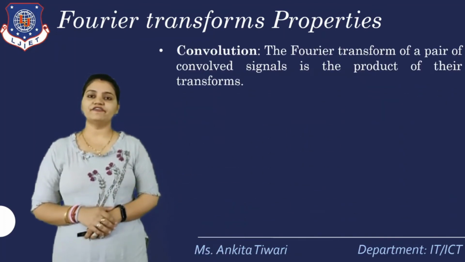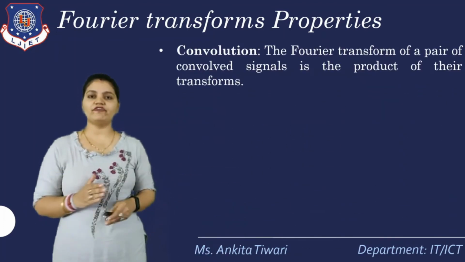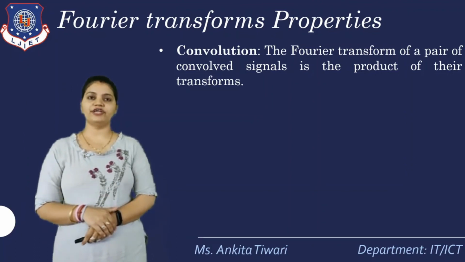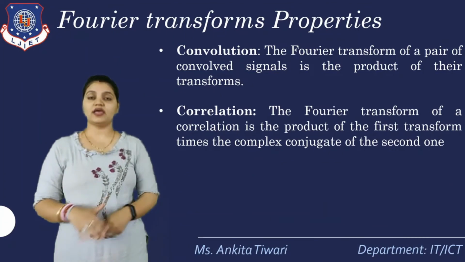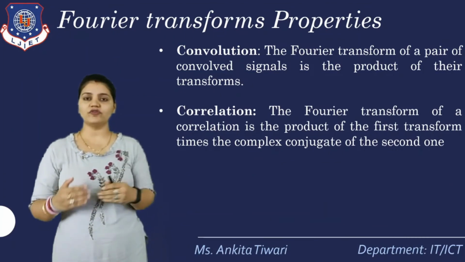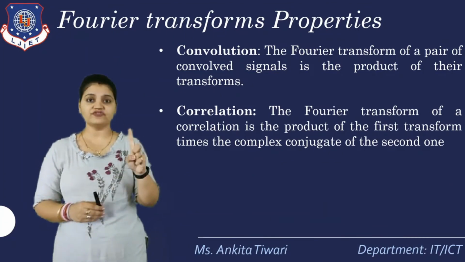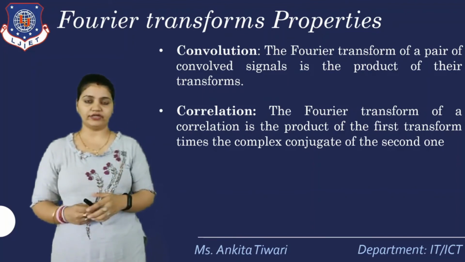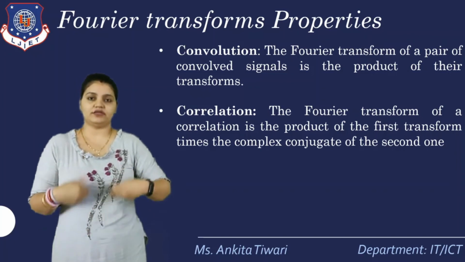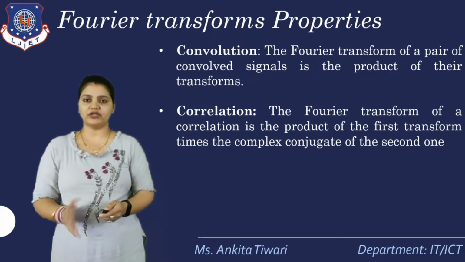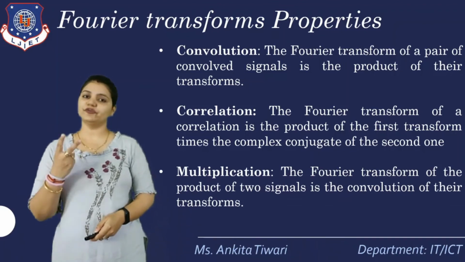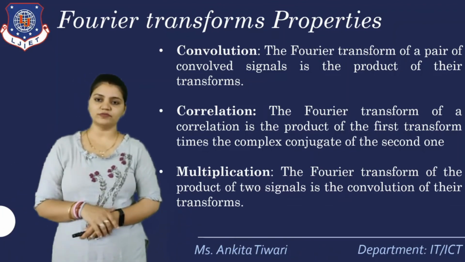After that, we have convolution. The Fourier transform of a pair of convolved signals is the product of their transforms. Then correlation: the Fourier transform of a correlation is the product of the first transform times the complex conjugate of the second. Multiplication: the Fourier transform of the product of two signals is the convolution of their transforms.